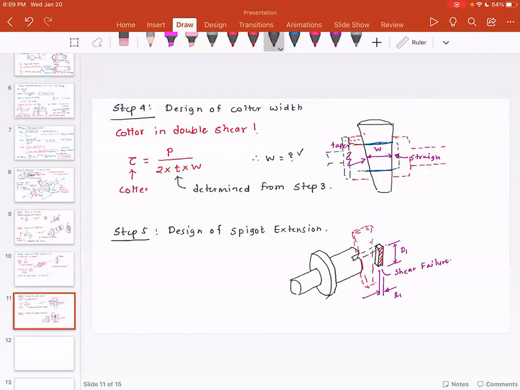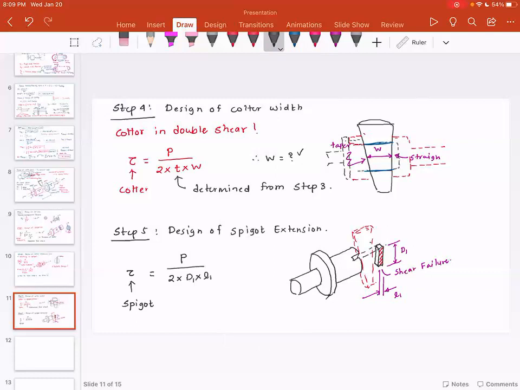So tau, and this is for spigot, is equal to P divided by 2 times D1 times L1.